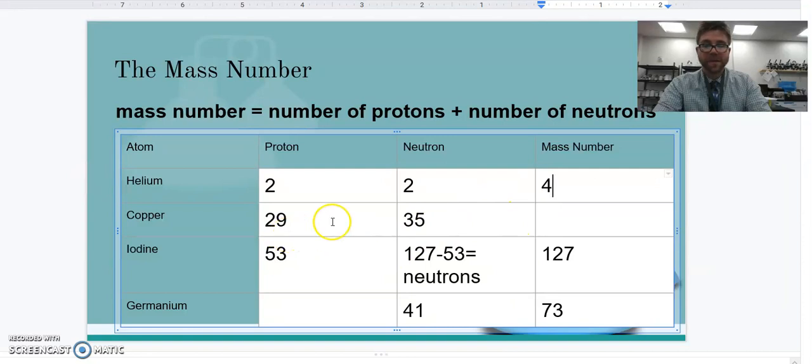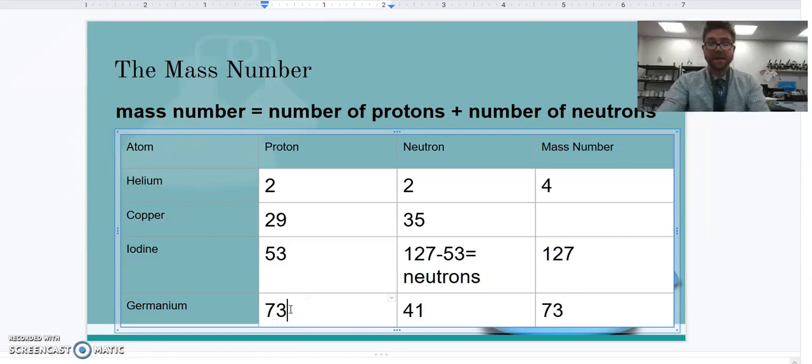To get neutrons, we subtract the number of protons from the mass number, and to get the number of protons, we take the mass number minus the neutron number.